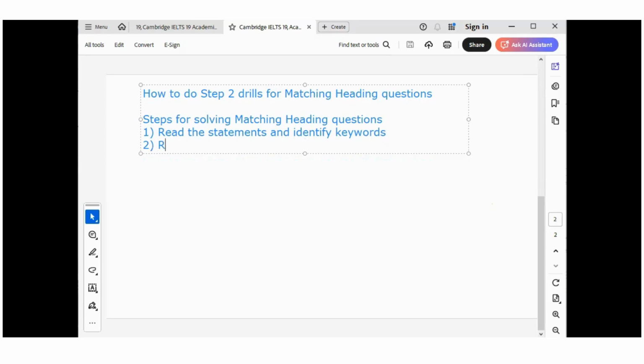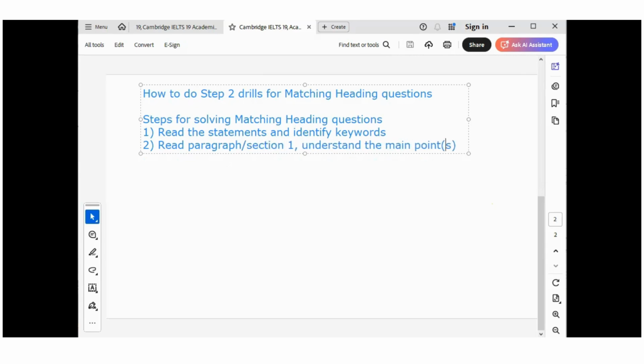Okay, step 2, read the passage, or let's put it this way, read paragraph 1. Okay, understand the main points. Sometimes you will have just 1 point. Sometimes you will have 2 points. Sometimes you will have 3 points. Usually you won't exceed 3. Okay, so understand the main point of that paragraph 1, or you can sometimes call it section 1.